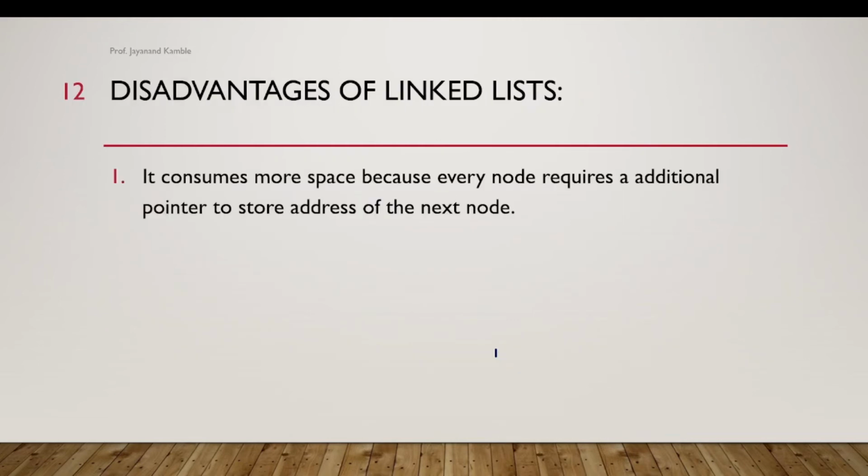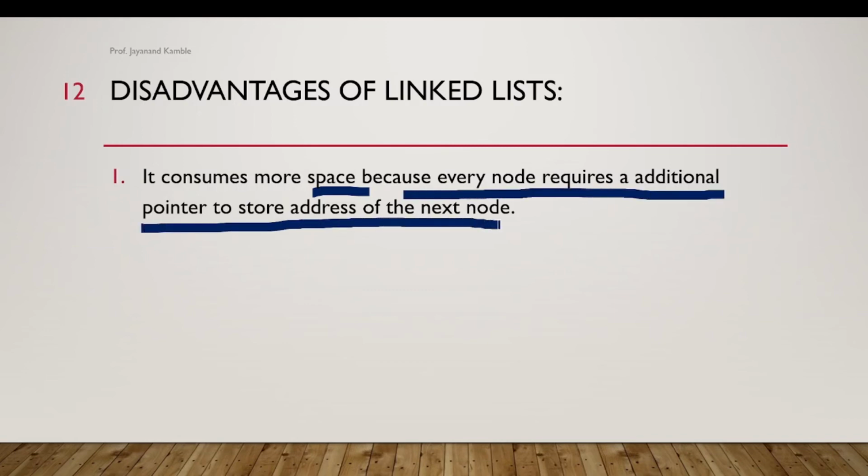What are the disadvantages? Number one, it consumes more space, because every node requires an additional pointer to store the address of the next node. For example, in case of an array, a single element requires only the memory required for that single data type. For example, integer data type requires 2, used only by element 1.